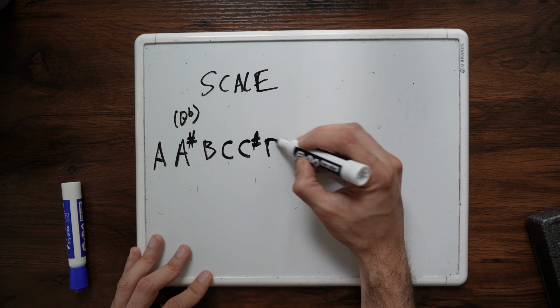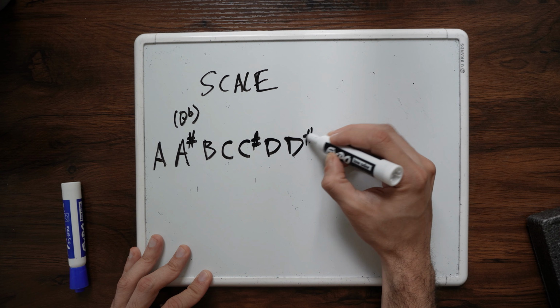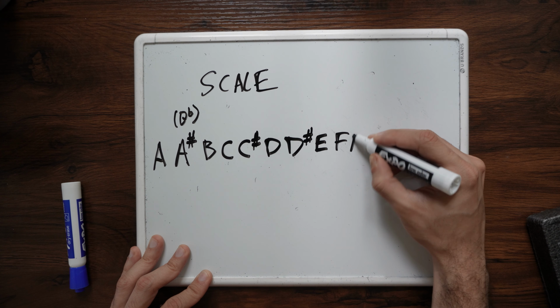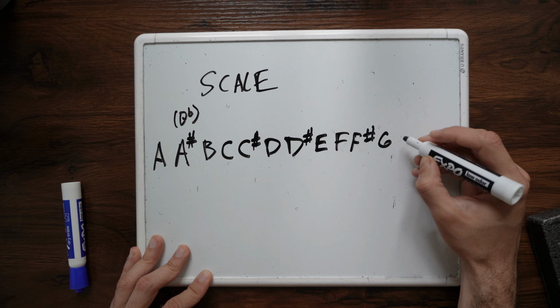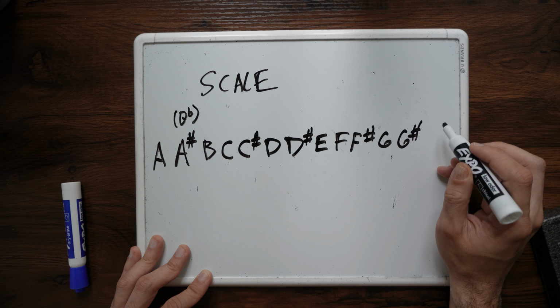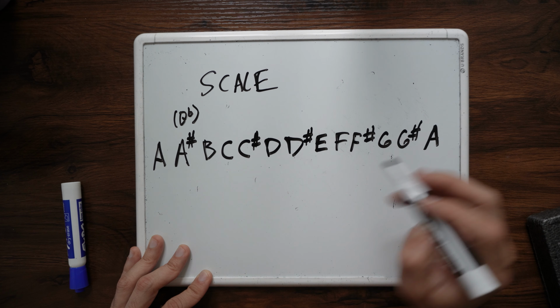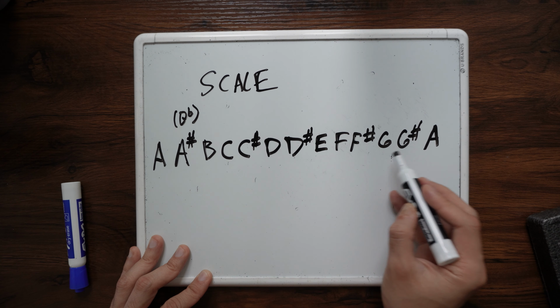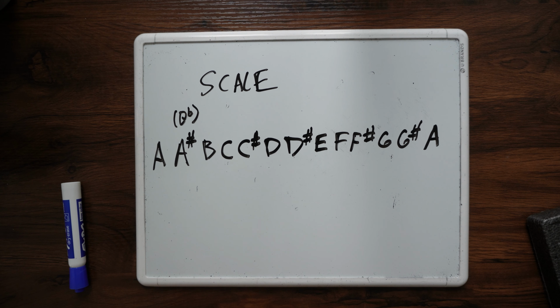Then we get to D sharp, E, F sharp, G sharp, and finally A. 1, 2, 3, 4, 5, 6, 7, 8, 9, 10, 11, 12. Those are all the 12 notes going up using sharps.